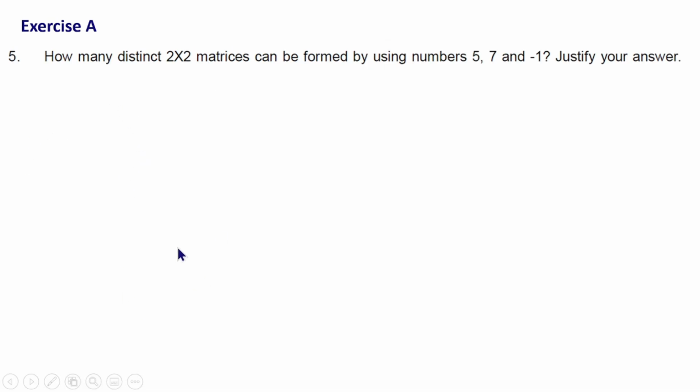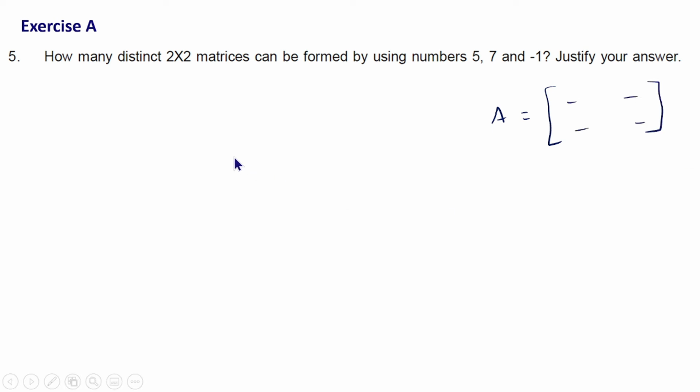Next question. How many distinct 2 by 2 matrices can be formed by using numbers 5, 7 and minus 1? Justify your answer. Now a 2 by 2 matrix has 4 entries.